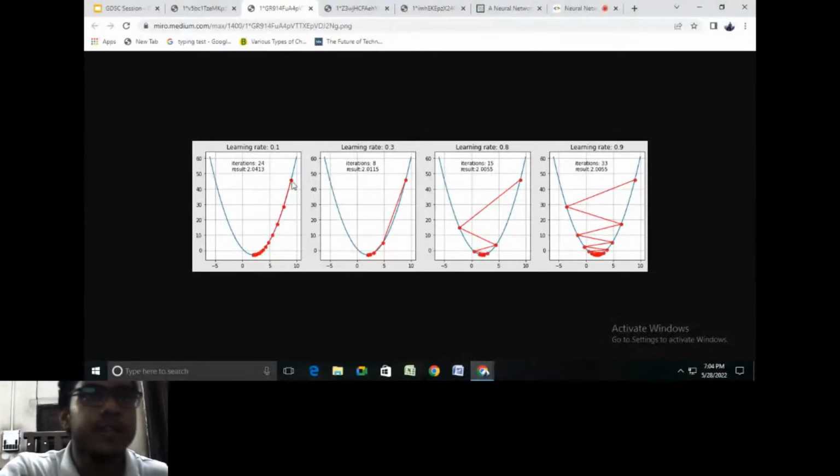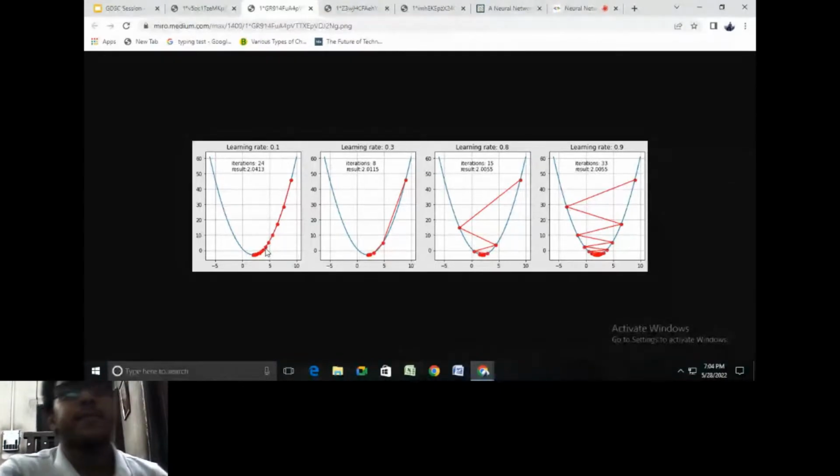In the first iteration, we take a step from around 47 to around 28. In the next step, we go to around 18. In the third step, we go to 10. In the fourth step, we go to around 6. And from that onwards, the steps taken are really very small.